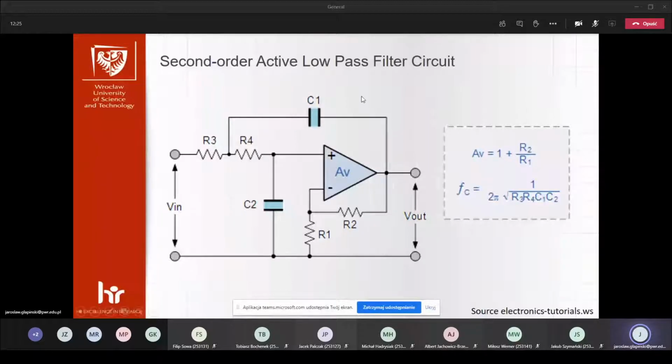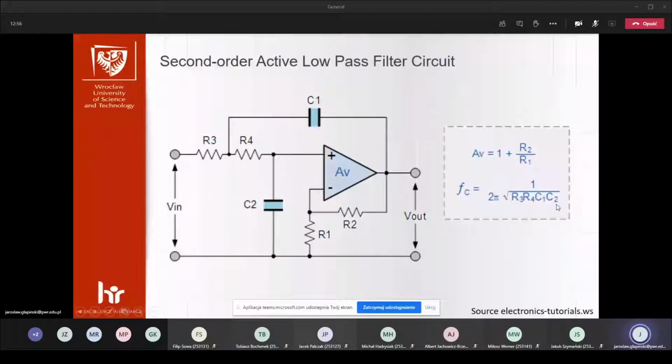We've got some feedback here, because this is the amplifier with the gain of R2 to R1, it's plus 1. This is a typical gain of the non-inverting amplifier. And this is the equation for the cutoff frequency.